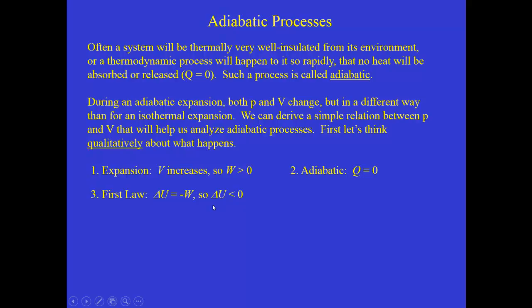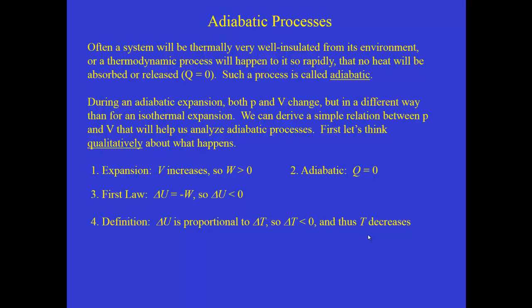The internal energy goes down. We know that the internal energy is proportional to temperature for an ideal gas, therefore delta U is proportional to delta T. And if delta U is less than zero, delta T is less than zero, and that means the temperature goes down. And that's what makes an adiabatic expansion different from an isothermal expansion.